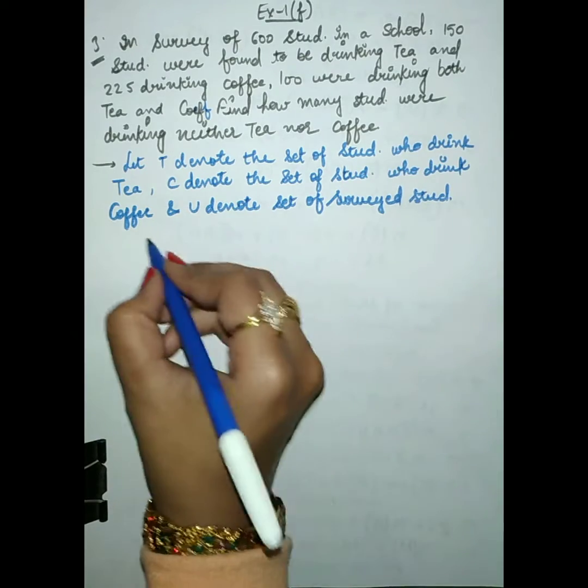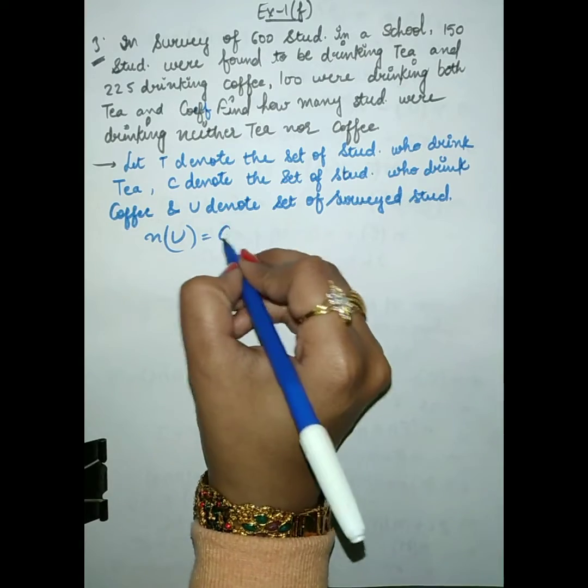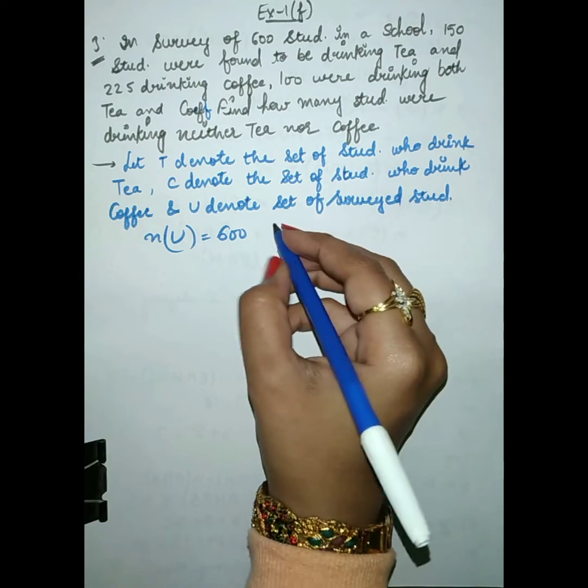Now the number of elements in U will be equal to 600, the total number in the survey of 600 students.